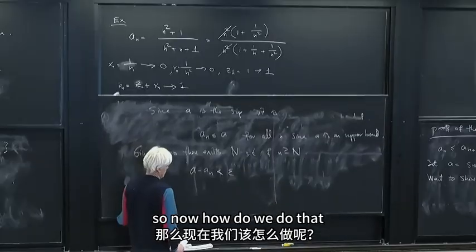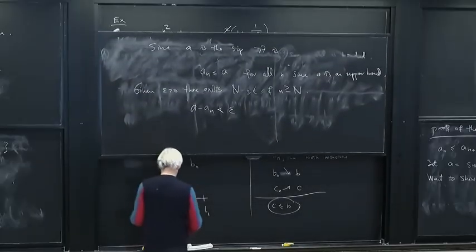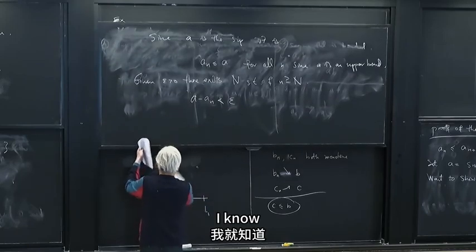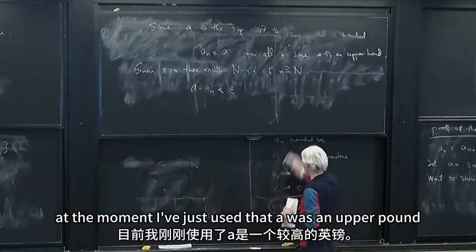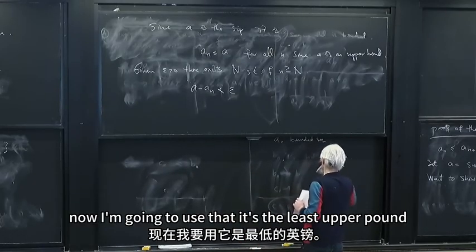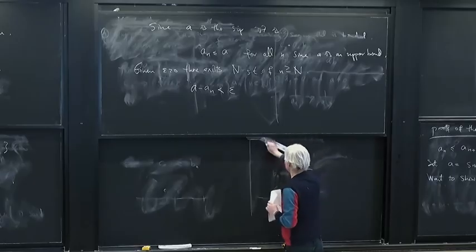So now how do we do that? At the moment I've just used that A was an upper bound. Now I'm going to use that it's the least upper bound.